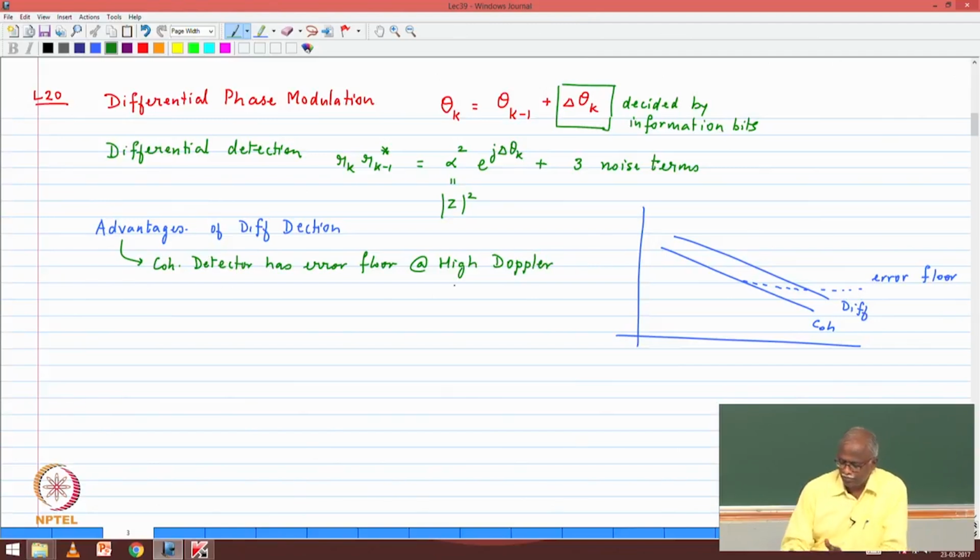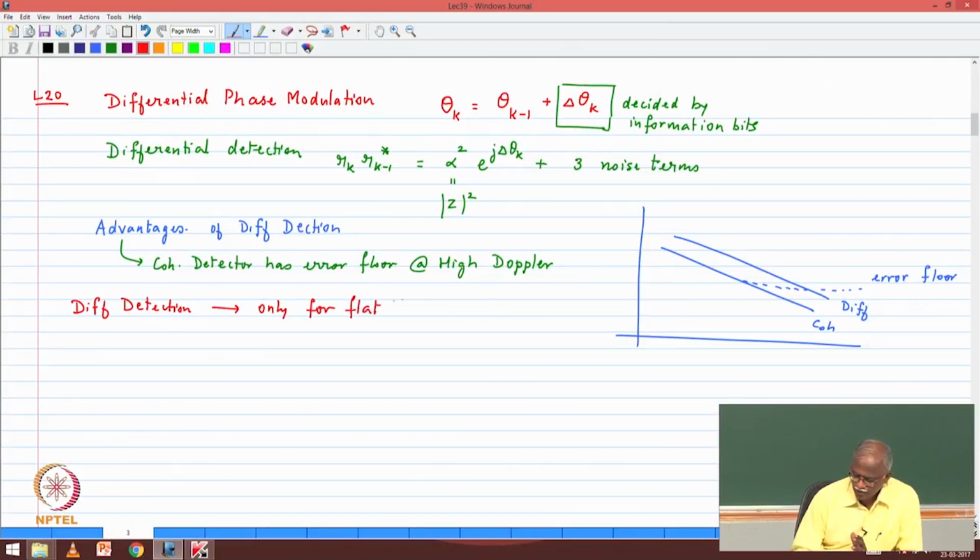This is what makes differential detection attractive. However, we need to keep in mind that differential detection makes the assumption that it's a flat fading channel, because if it's frequency selective, then differential detection is not a feasible option. So differential detection only for flat fading channels.